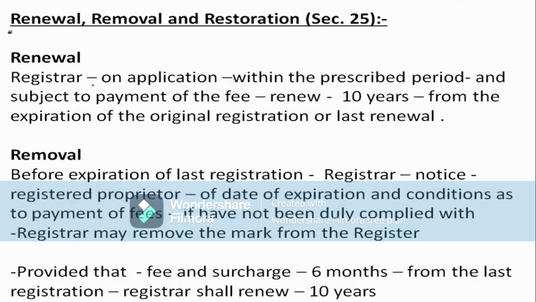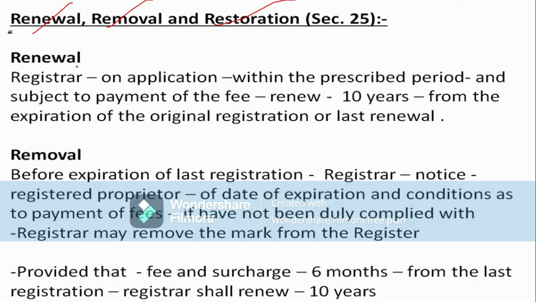Now about renewal, removal and restoration, according to Section 25. Renewal means, as already discussed, the time limit for a trademark is 10 years. After 10 years the trader has to renew his trademark.